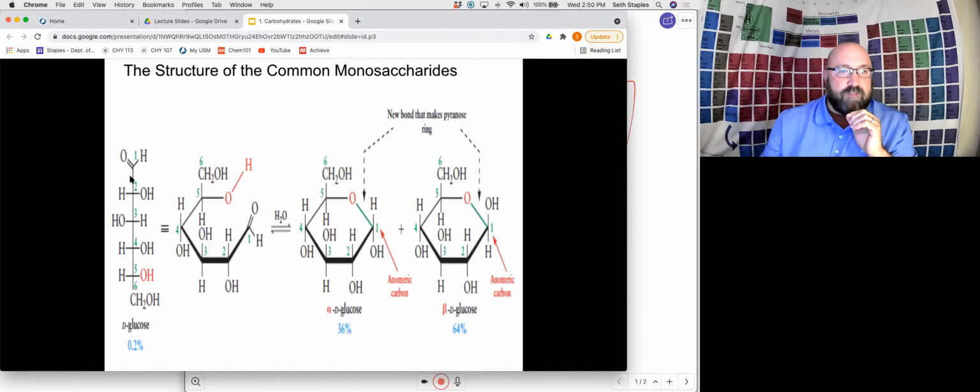So again, we can see our Fischer projection here in our chain. And what's going to happen is we're going to form a new bond. Here's our OH. That's the alcohol on our chiral center furthest away from our carbonyl. And so this OH is the same as this OH right here.